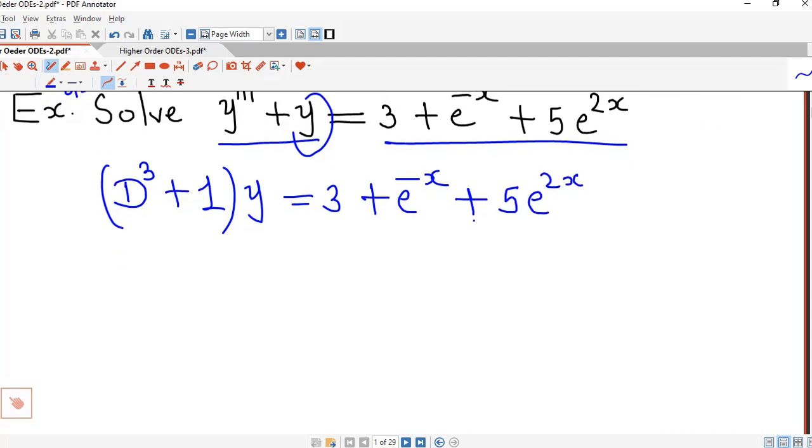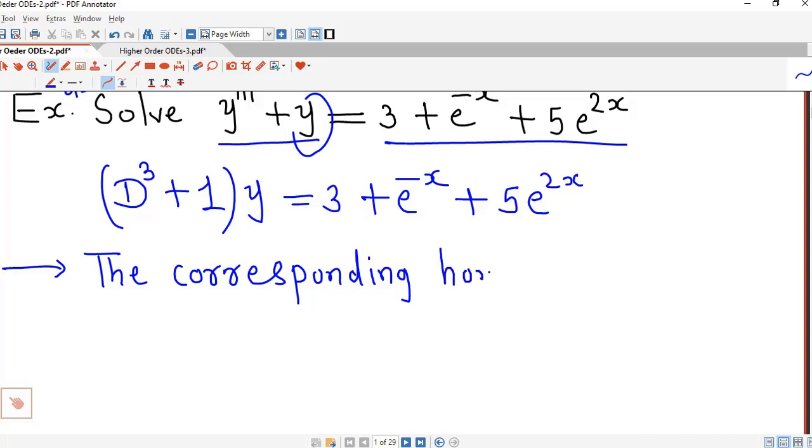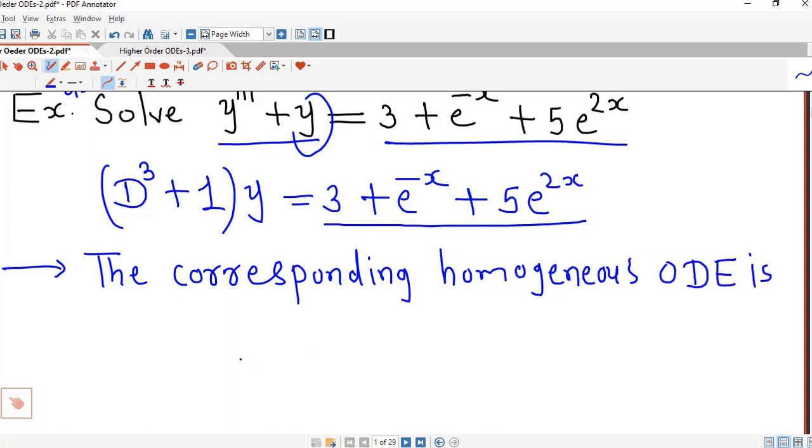Now to find the solution of this differential equation, first we solve the homogeneous differential equation corresponding to the given equation. So the corresponding homogeneous ordinary differential equation we can write by considering the right hand side equal to 0.